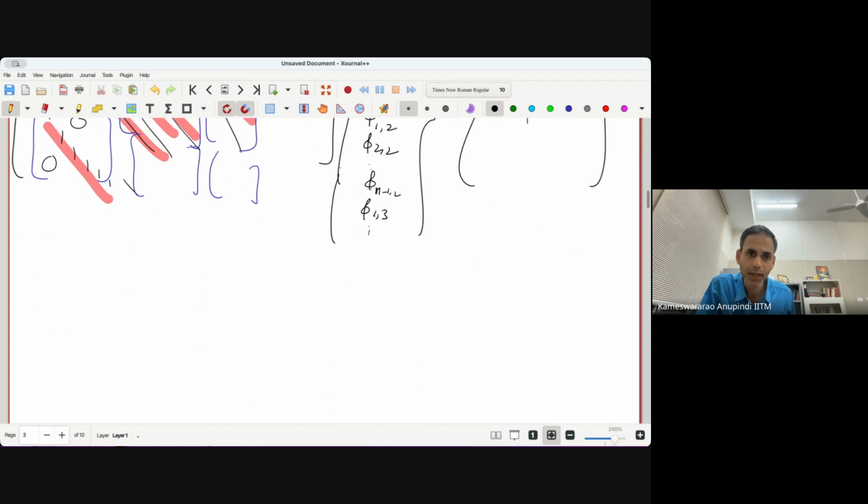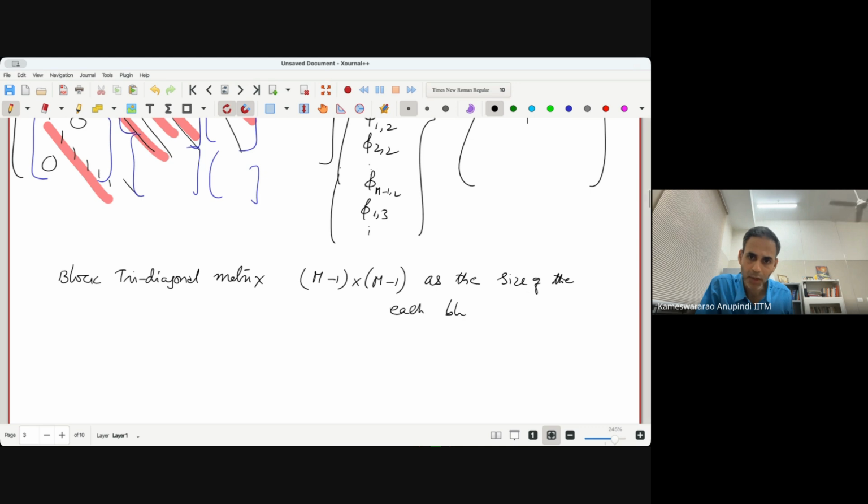So this is a block tridiagonal matrix with m-1 by m-1 as the size of each block.